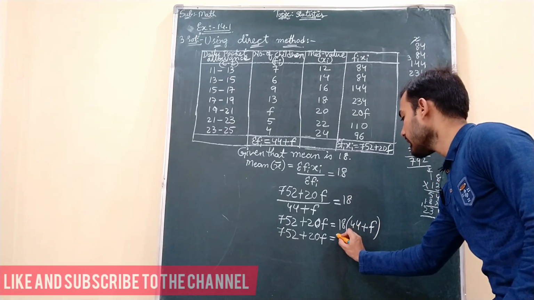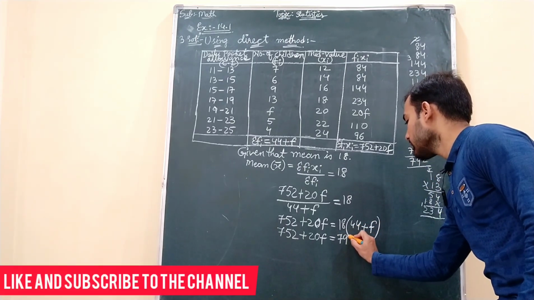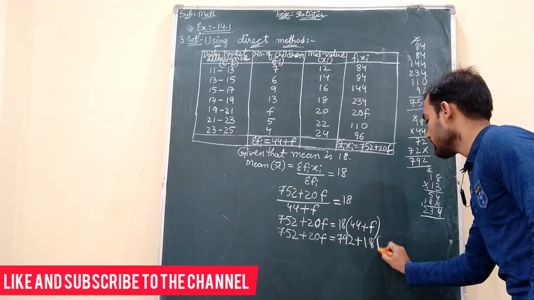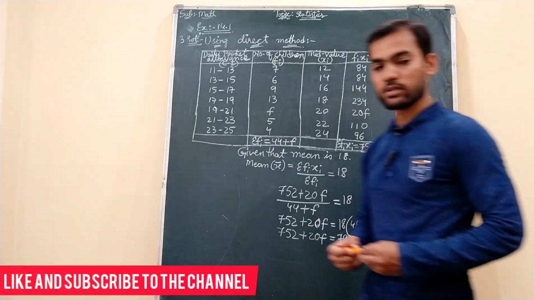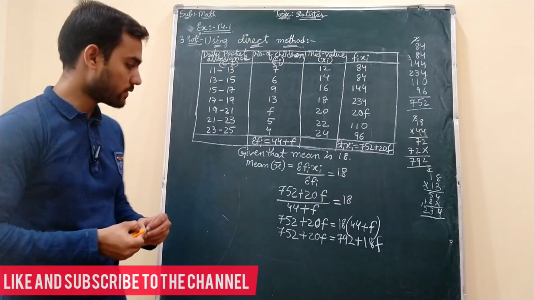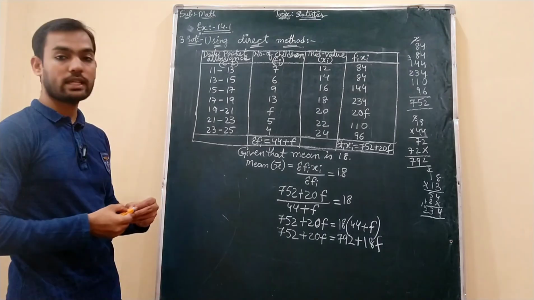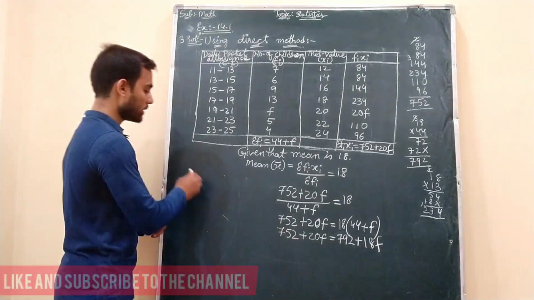So you will get over here 792 plus 18 into f will be 18f. Okay students, on the left side we have 752 plus 20f and on the right side we got 792 plus 18f. Now we will continue over here.